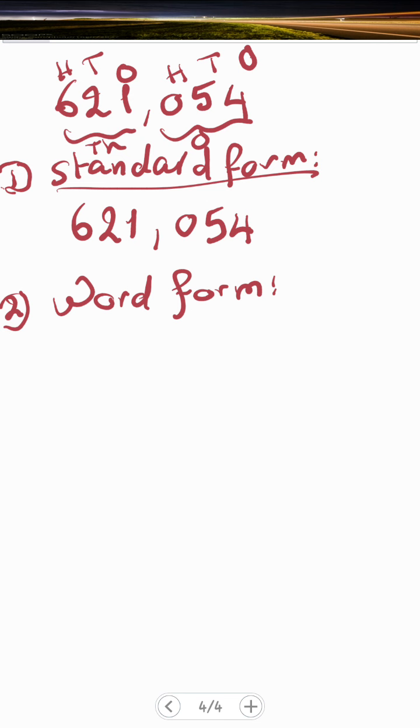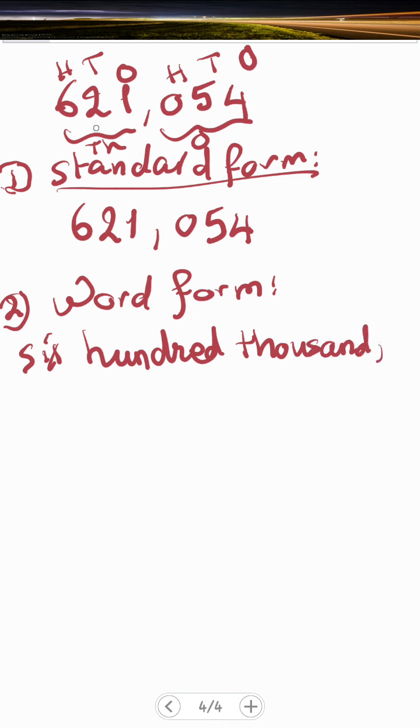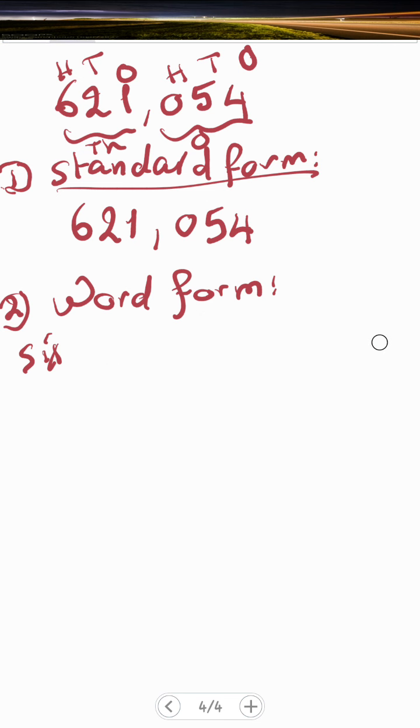Now it's easy to write it in word form. It's 600,000. So I will start writing here 600,000. Then 20,000. So I will erase this one. I will not write 600,000 because it's not only 600,000, it's 621,000.